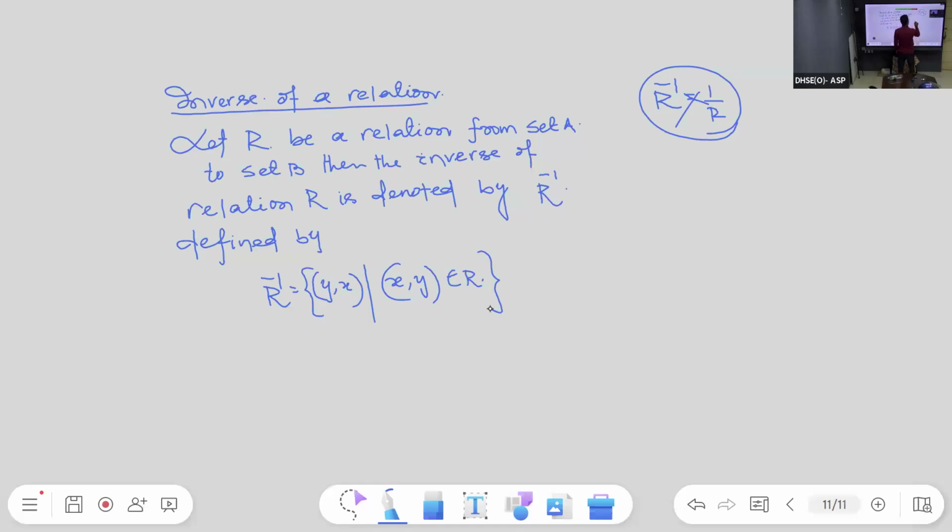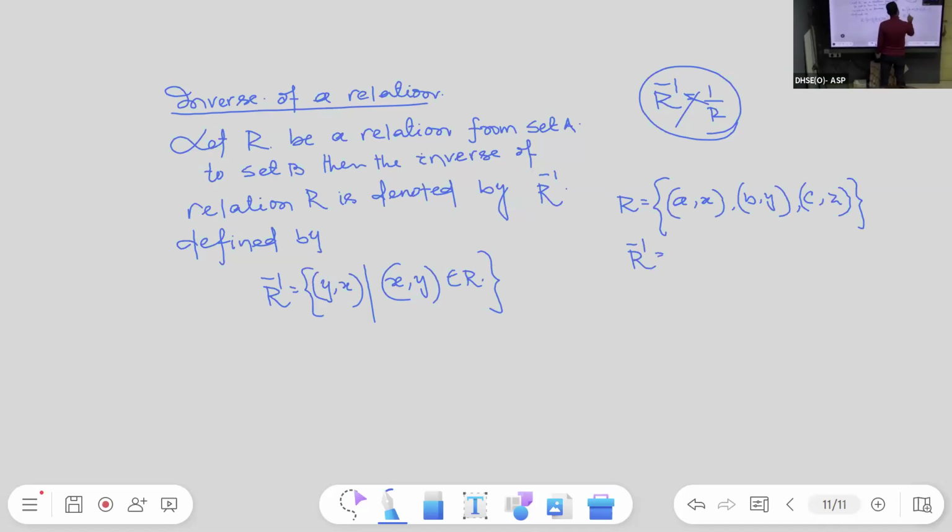Suppose R be a relation which contains the ordered pairs AX, BY, CZ.